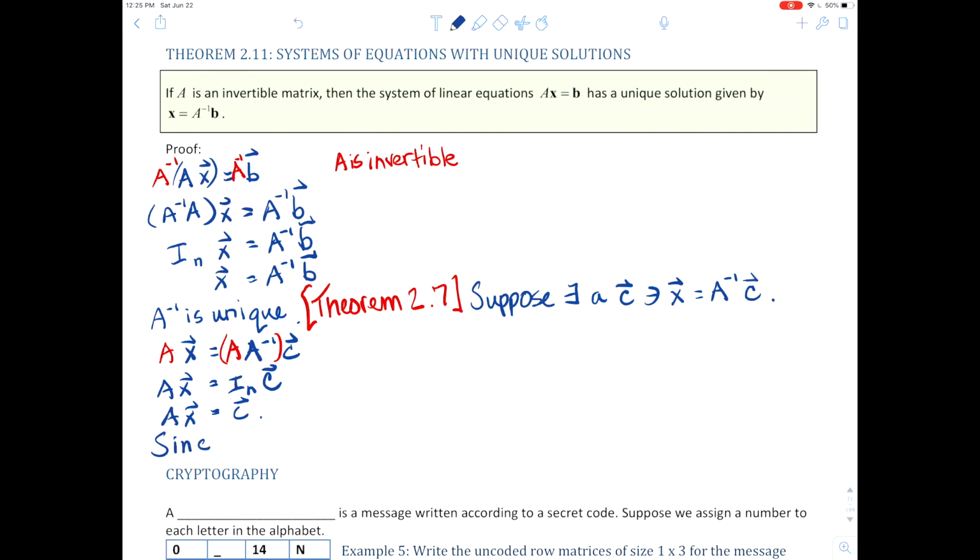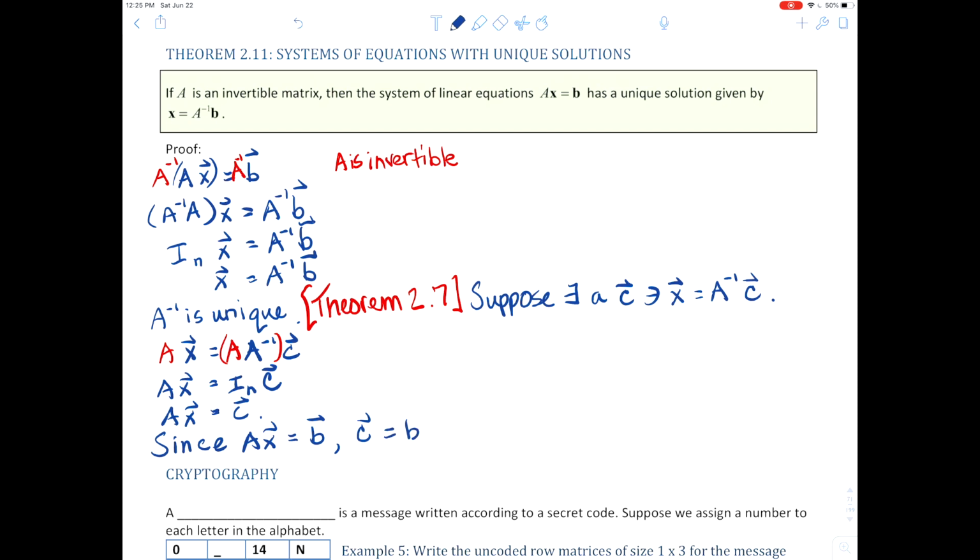But what else was A times X equal to? Beautiful. A times X was equal to the B vector, right? So we can conclude what?